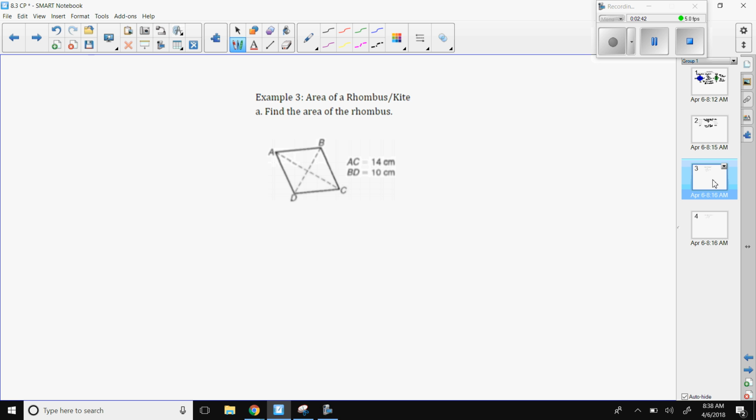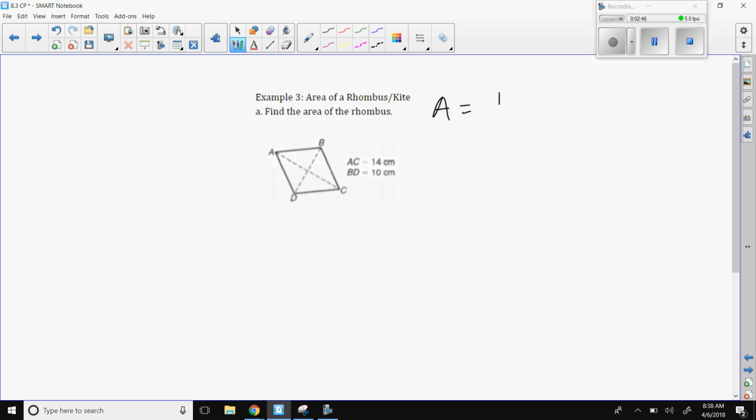The area of a rhombus and a kite, find the area. Okay, we're going to use those formulas up top. The area is going to be 1/2 times diagonal 1 times diagonal 2. Okay, they give me both of the diagonals. Here's diagonal 1, BD, diagonal 2. So I'm just plugging into a formula underneath.